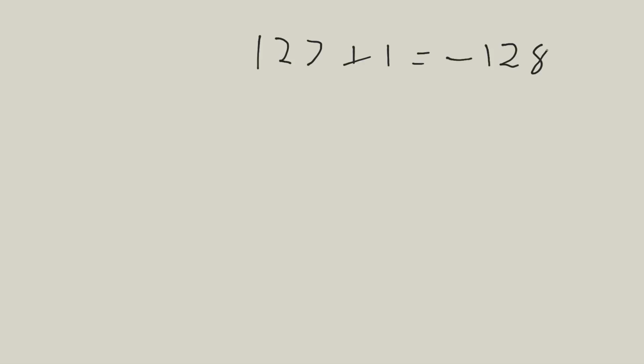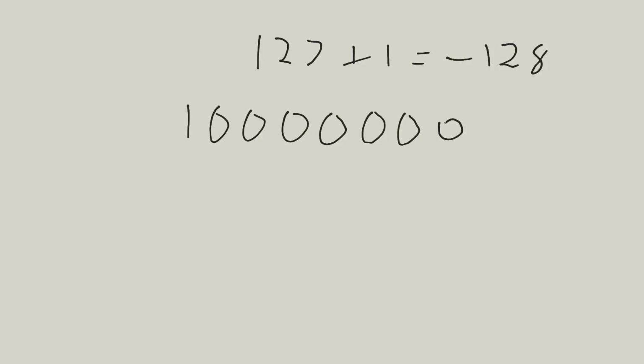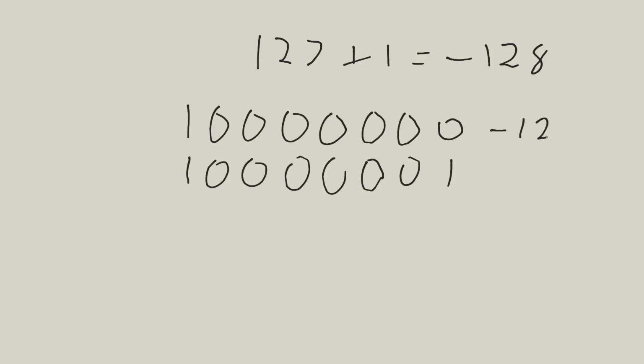So if we start at negative 128 and we have our lovely little 1 followed by 7 zeros, and we add 1 to this, we're going from negative 128 to negative 127.